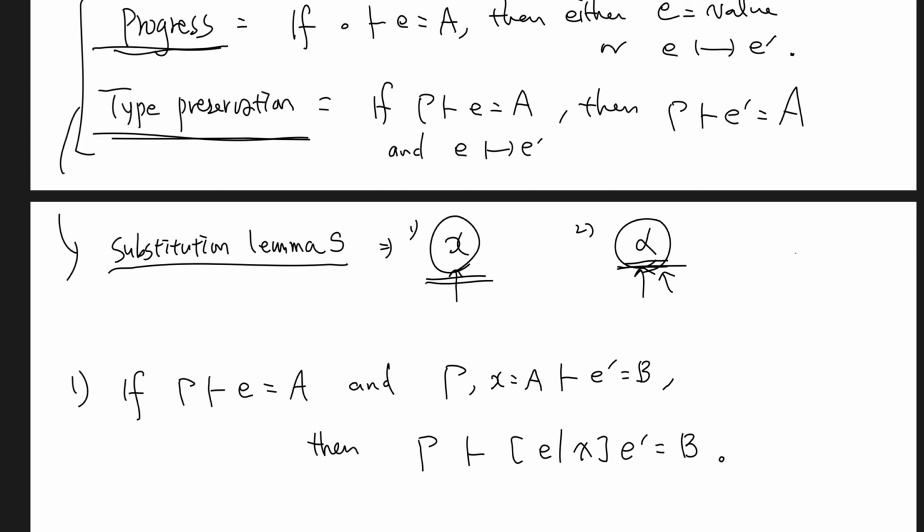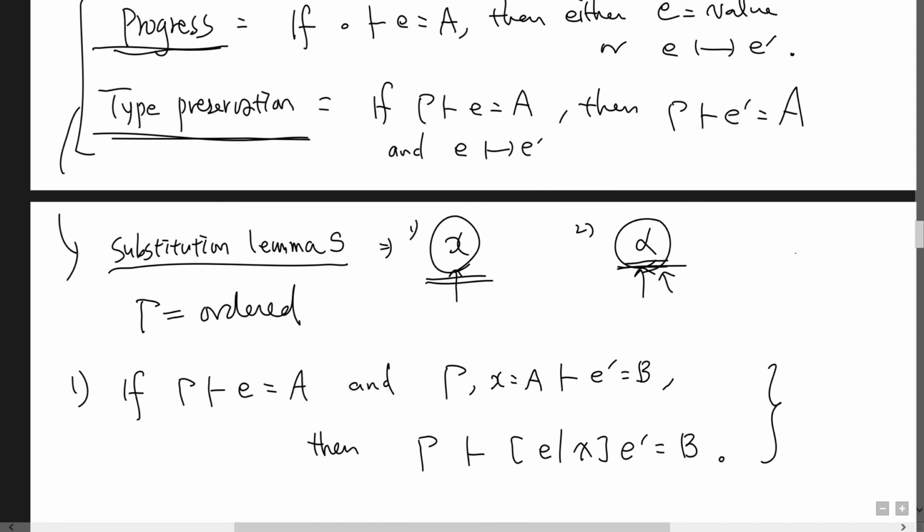We cannot actually reuse this statement because, unlike in simply typed lambda calculus, gamma is now ordered. So that's a big difference. So what that means is that this type binding is not necessarily found at the end of this typing context. So we have to generalize it.